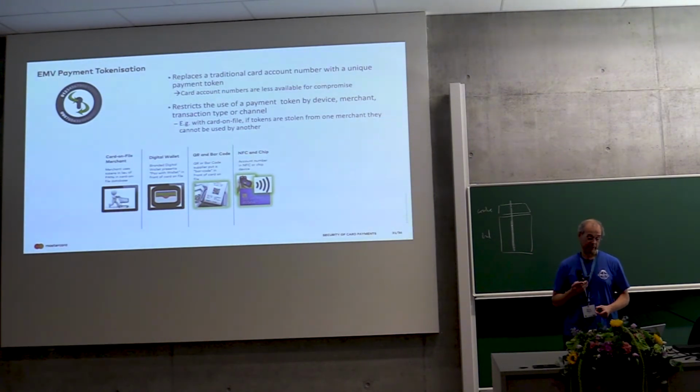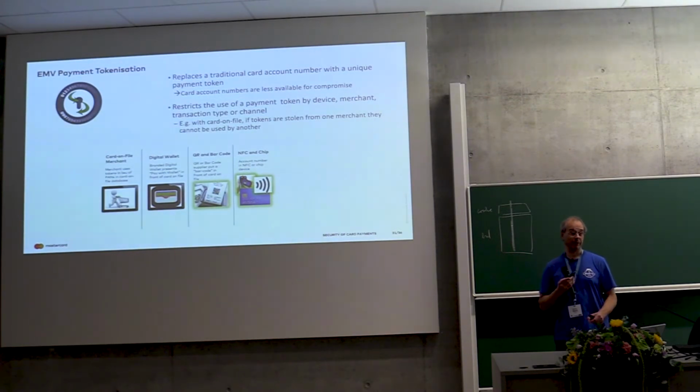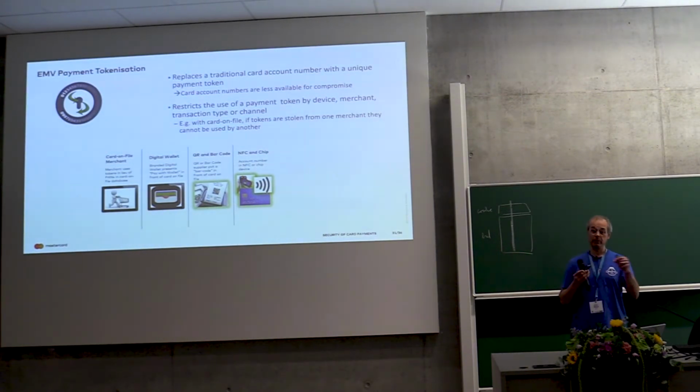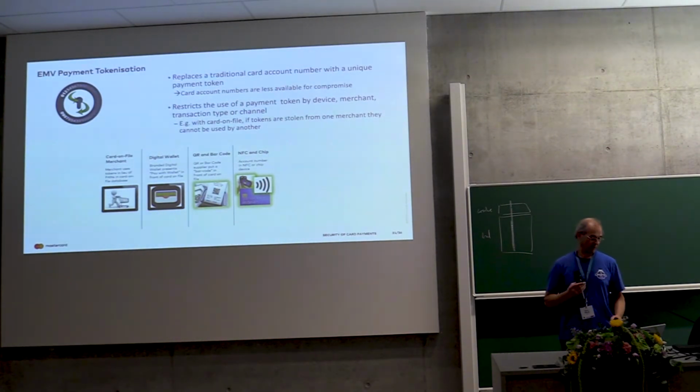And especially when you look at e-commerce, if you have a different account number lodged for different merchants, then if you steal the account number from one merchant, it's not going to be usable at any other merchant because it won't be accepted. So to have a pseudo number instead of using your regular card number that's printed on the front of the card is a really simple and effective security thing.